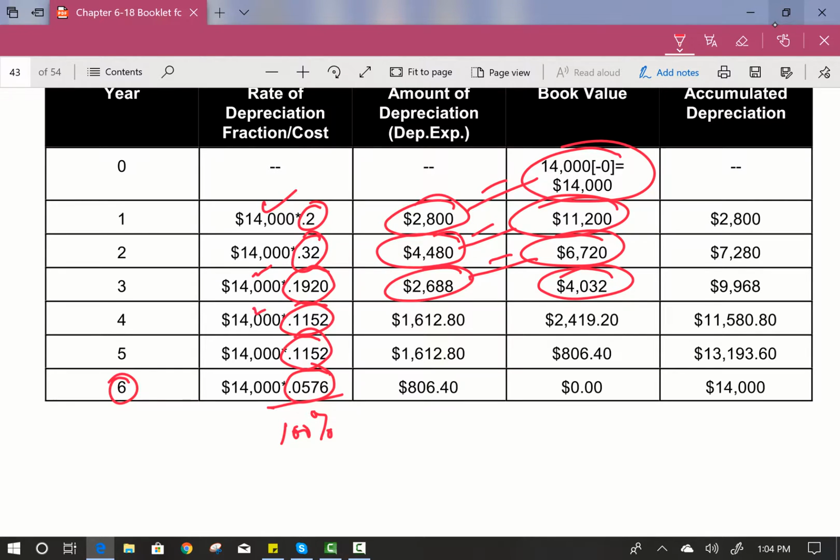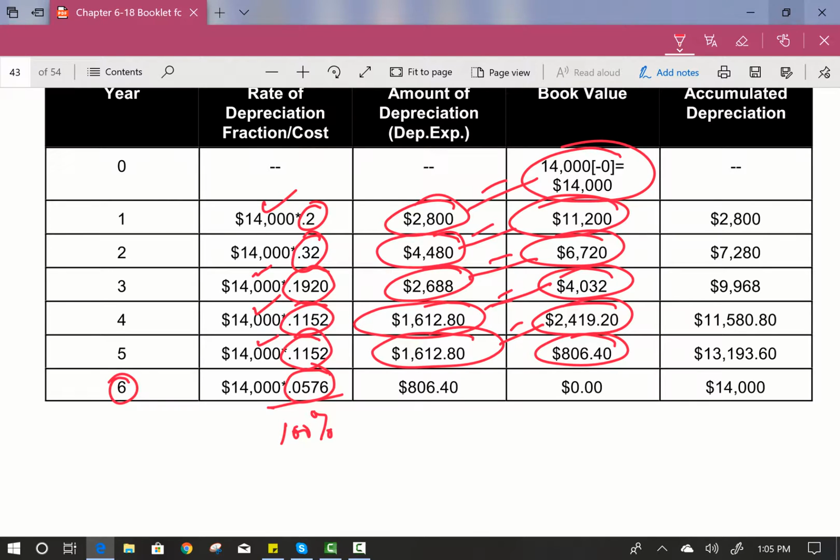And then we take $14,000 again times 0.1152 after moving the decimal point 2 places to the left. That gives us $1,612.80. Subtract that from $4,032 to give us $2,419.20. Take 14,000 times 0.1152 again, which gives us the same amount, $1,612.80. Subtract that from $2,419.20 to give us $806.40 for the book value at the end of the 5th year.